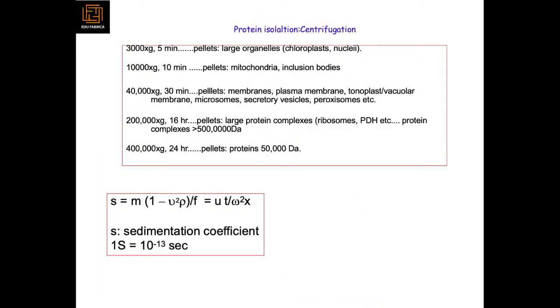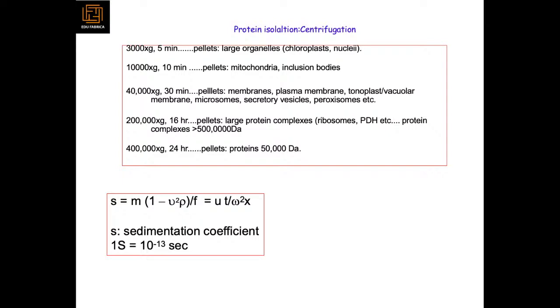So same for the protein isolation: centrifugation at 300,000 G for 5 minutes, at 10,000 G for 10 minutes, and 40,000 G for 30 minutes. So pellets with the large organelles will be the chloroplast and nuclei could be separated, and at 10,000 G for 10 minutes, your mitochondria and inclusion bodies could be separated, and at 40,000 G for 30 minutes, plasma membrane, tonoplast, vacuolar membrane, microsomes could be separated.